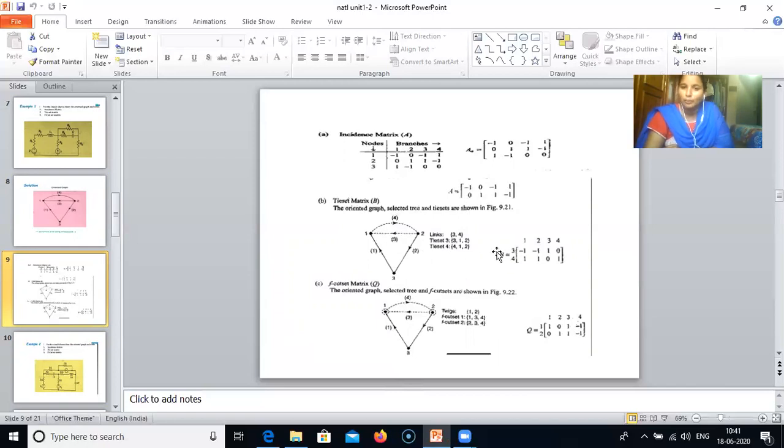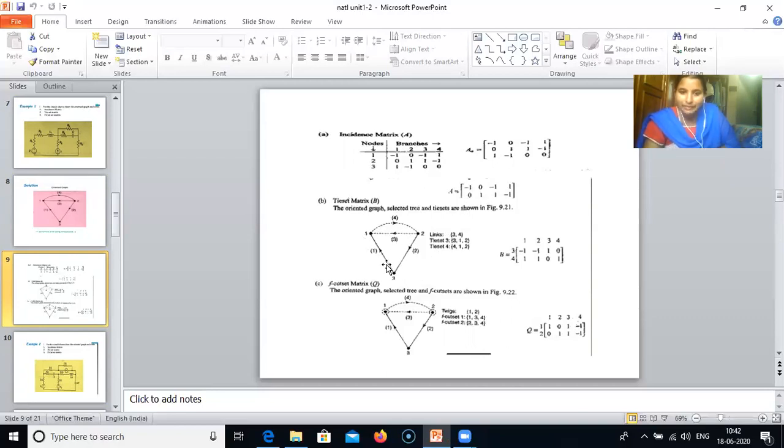So the order is b minus n plus 1 by b. What is b? How many branches are there? 1, 2, 3, 4 branches. 4 minus 3 plus 1 will be equal to 2. So 3 and 4, the links. So here, number of links by number of branches. Here is how we write the tie set.